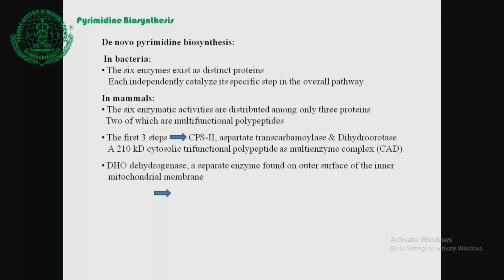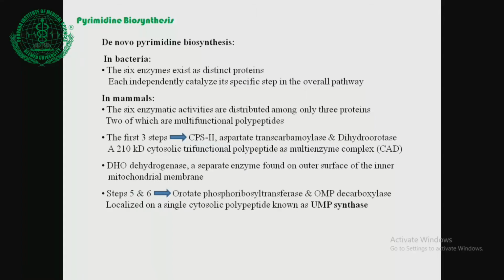The fourth step is mediated by a separate enzyme called dihydroorotate dehydrogenase. This is a mitochondrially located enzyme that oxidizes dihydroorotate into orotate. Steps 5 and 6 are mediated by orotate phosphoribosyl transferase and OMP decarboxylase.